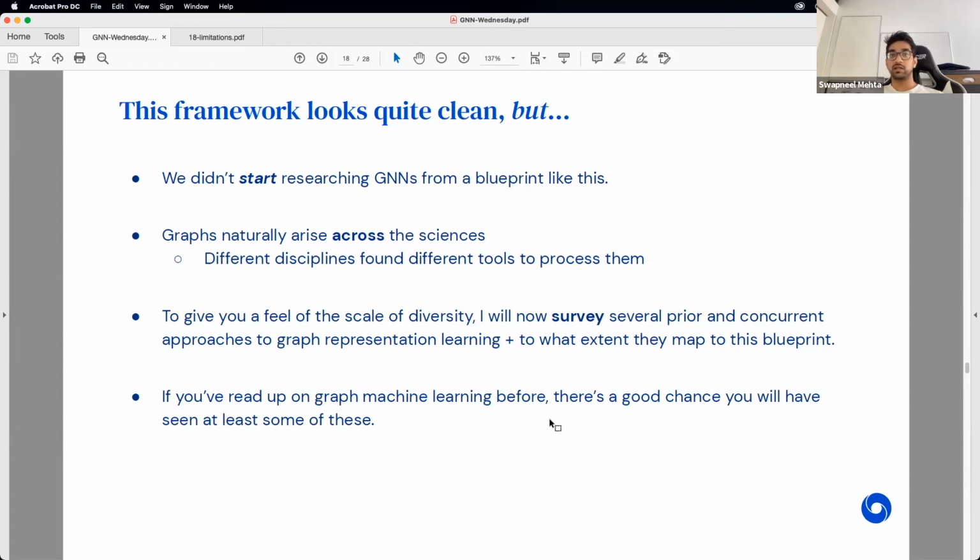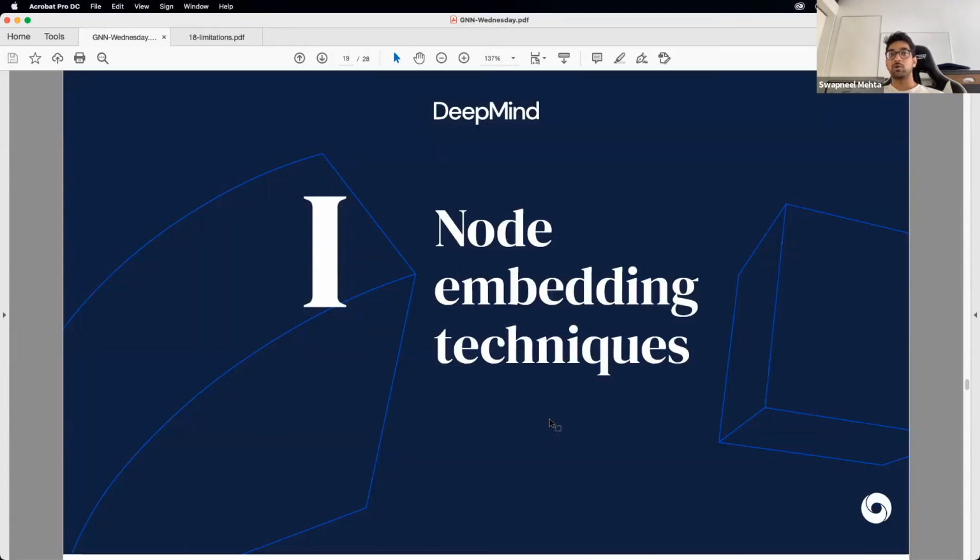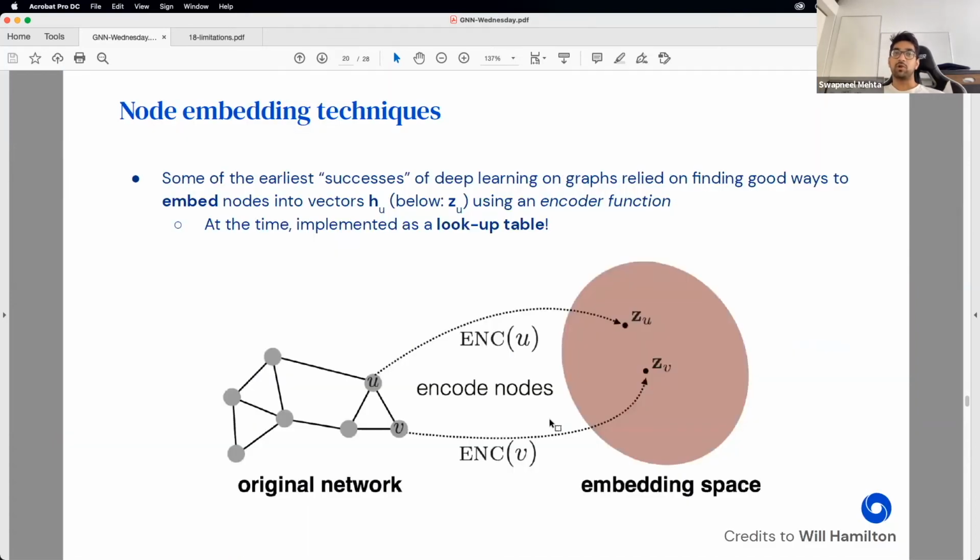What it really started out with was node embedding techniques. People said, okay, we have a certain graph, we want to encode this U into a latent embedding Z in some sort of embedding space. Z is the same as what we call H, this latent embedding space.